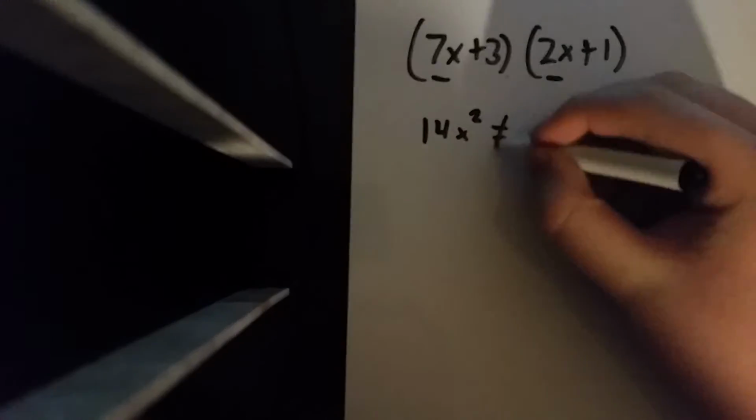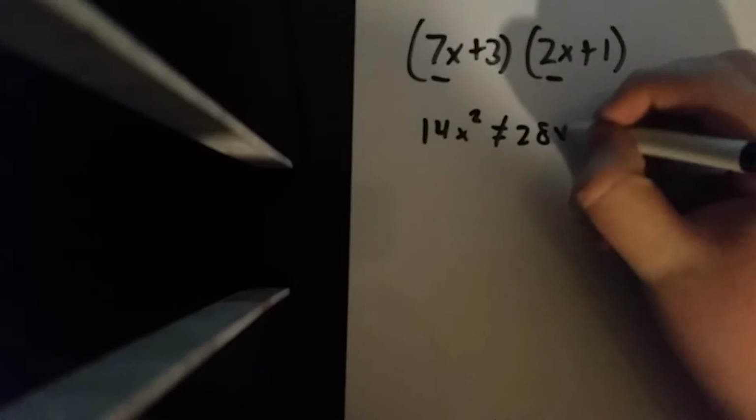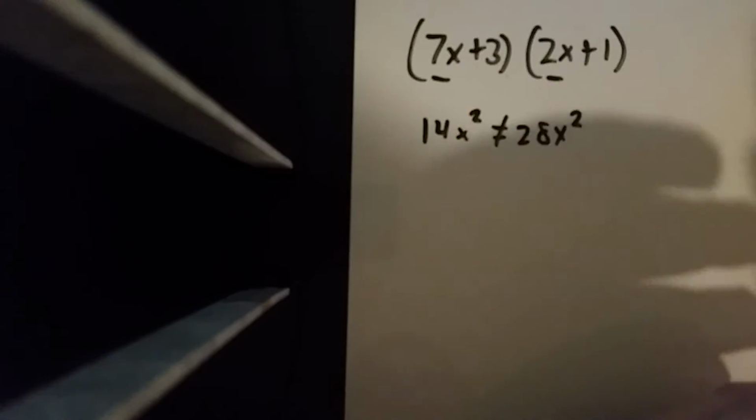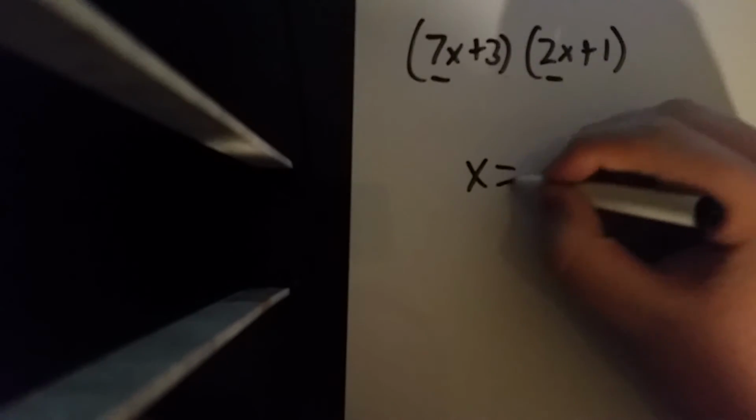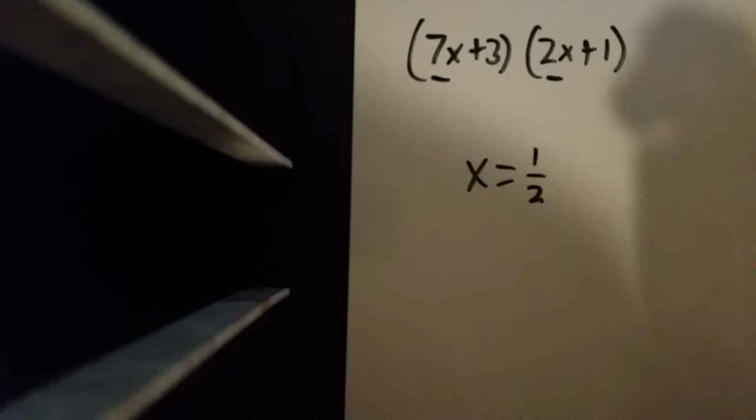equals 14x squared. But here's a problem. 14x squared does not equal 28x squared. So where did we go wrong? The truth is, we never went wrong. The problem was that for our quadratic equation, one of our factors was x equals negative 1/2.